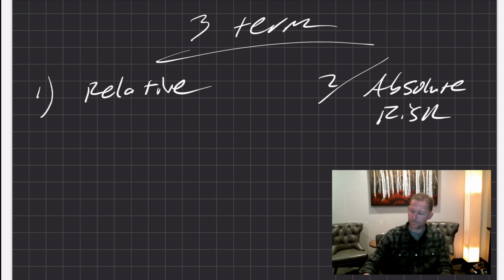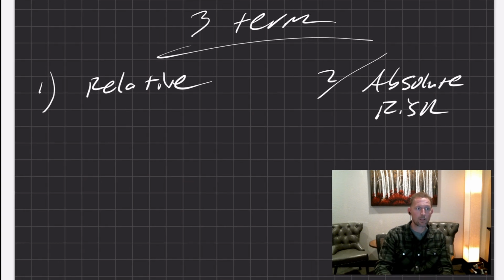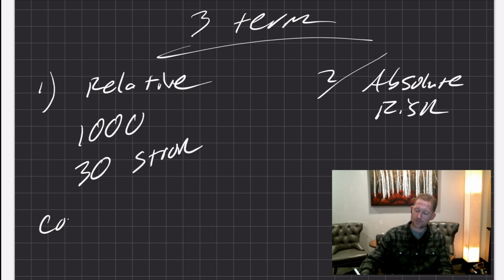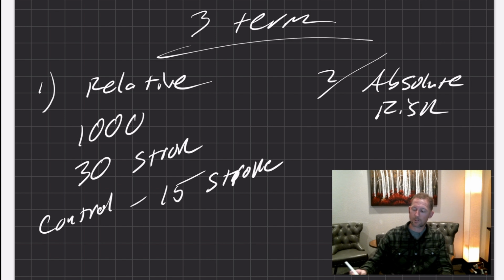So for example, let's say we've got blood pressure medication and we have 1,000 people. What it means is if in the control group 30 of those people will get a stroke, and then in the treatment group 15 have a stroke.